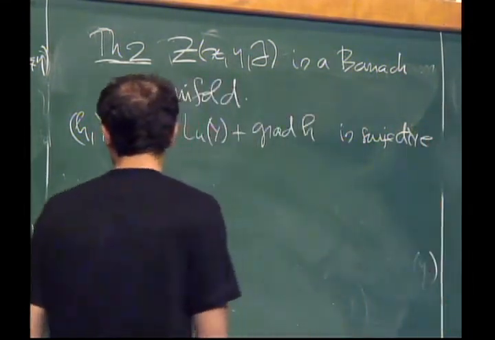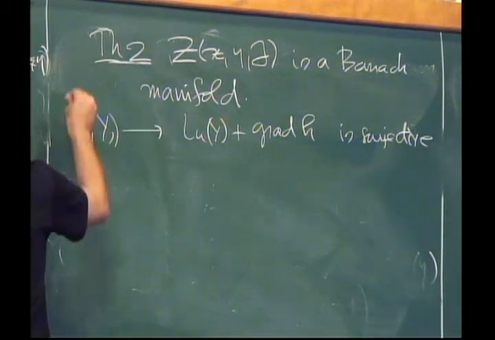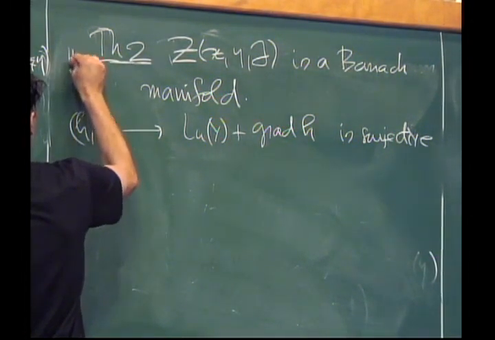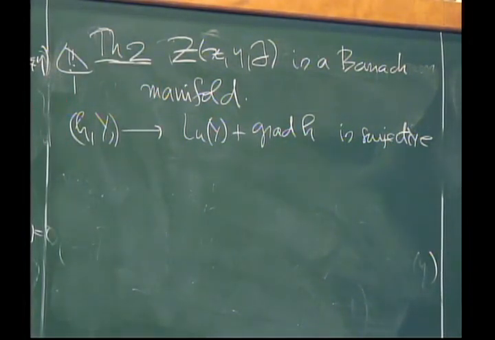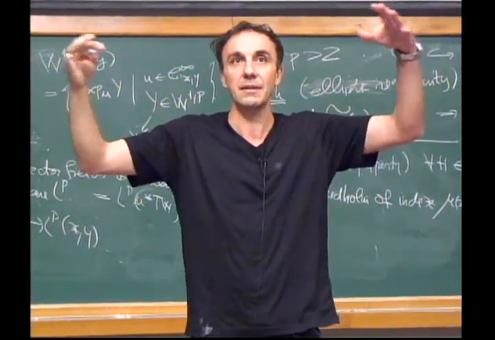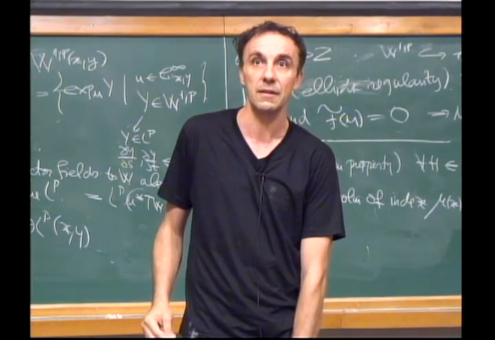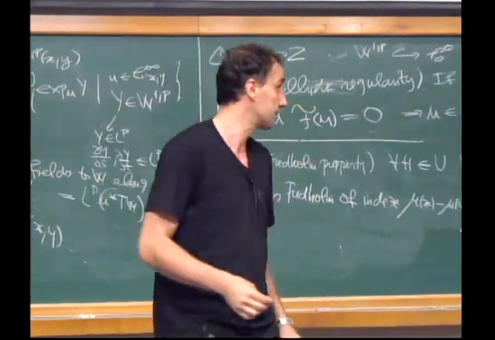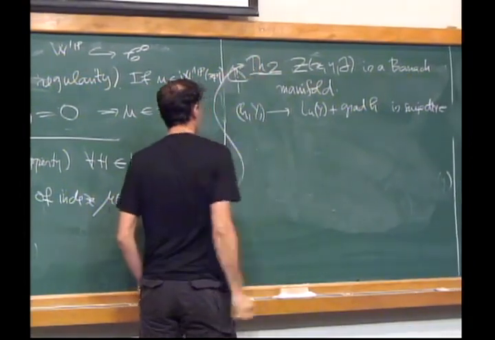Now this is not obvious either. I would even say that this theorem is at the very core of the transversality. Even if we added a huge space of parameters, this is a difficult theorem to prove. Okay, and we need to do it, this Fredholm property.